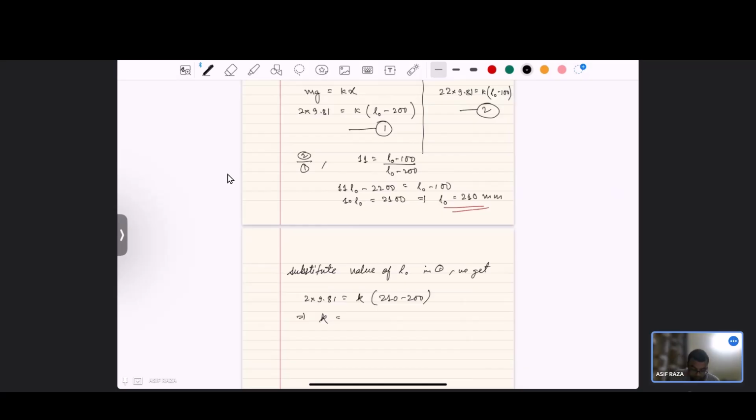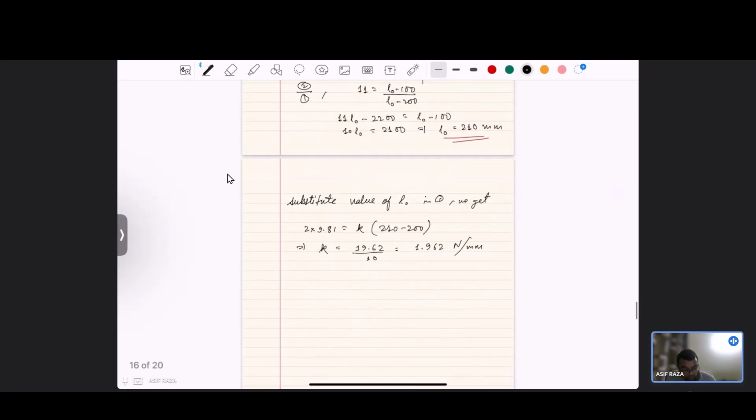This comes around 19.62 divided by 10. This is 1.962 Newton per mm, right?